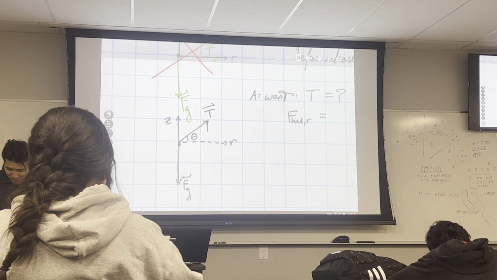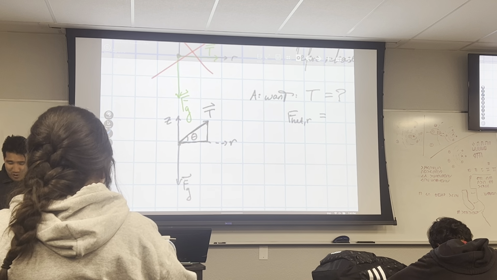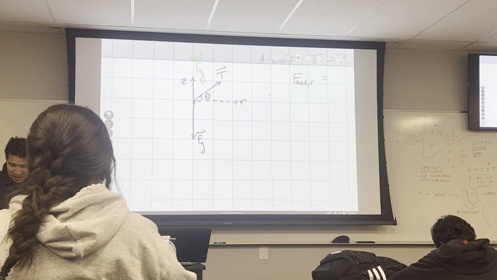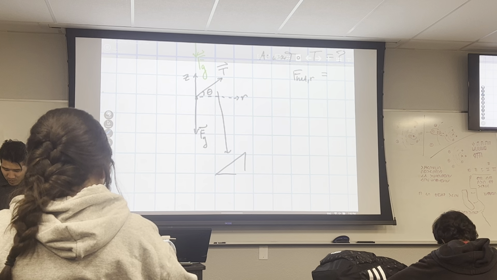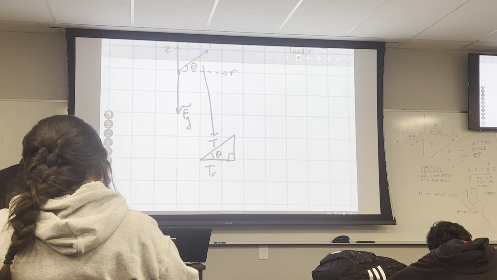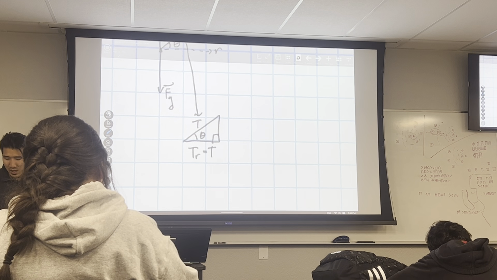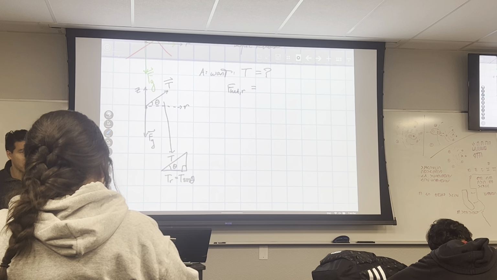But what are the forces in the radial direction? Well, what shape do you see here? Right, trigonometry is still not going away. So here, we have our tension triangle. This is theta. This is the radial direction, which is going to be T sine of theta.